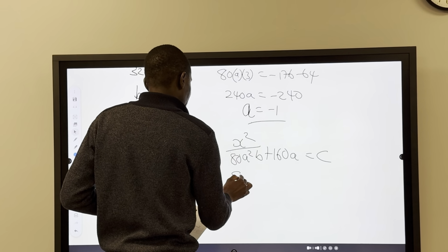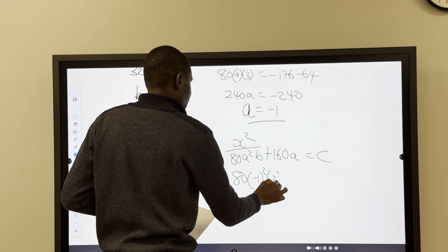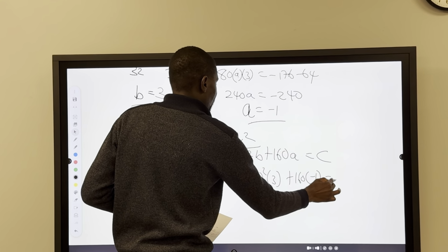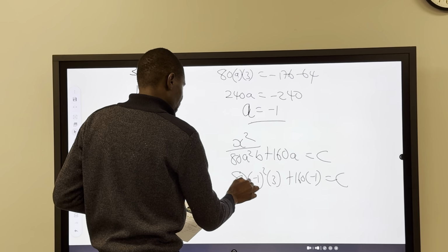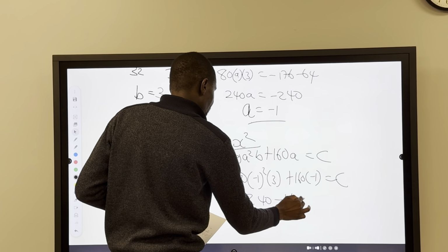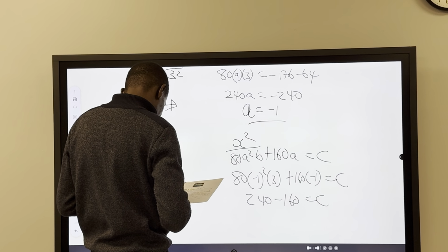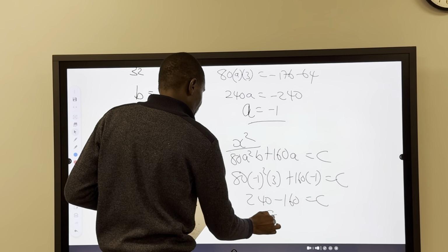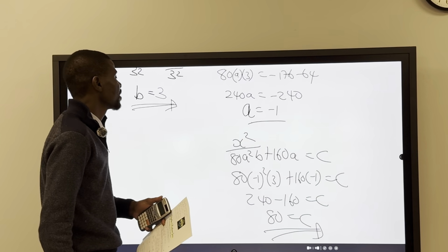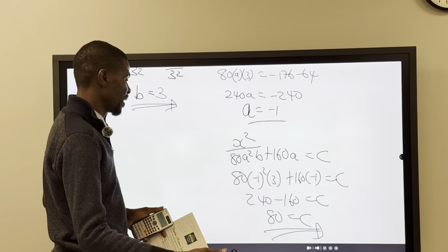So it's now 80 times negative 1 squared times 3 plus 160 times negative 1 equals c. So positive 240 minus 160 equals c. So 240 minus 160, we have 80 equal to c. So guys, we have managed to find the values of a, b, and c.